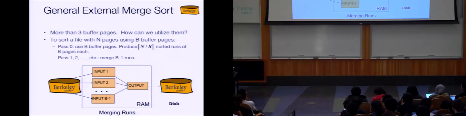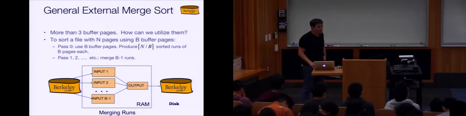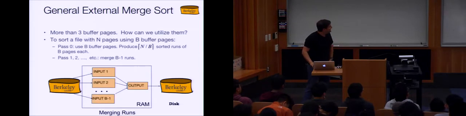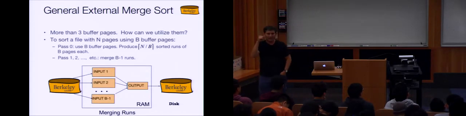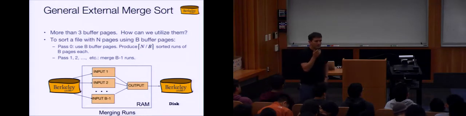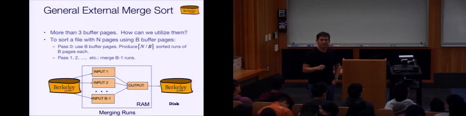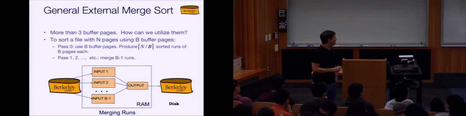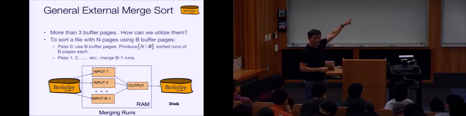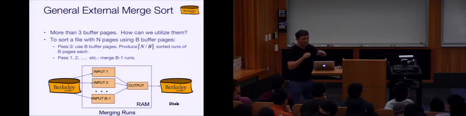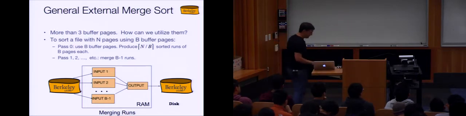So now we have to figure out what the specifics are of how much this costs. How many passes do we take on the data in this context? We take 1 for pass 0. And then how many passes do we take after that, reading and writing? Yeah, log base B of n. Actually, log base B minus 1, because there's only B minus 1 of those buffers. But in big O notation, log base B would do just fine.